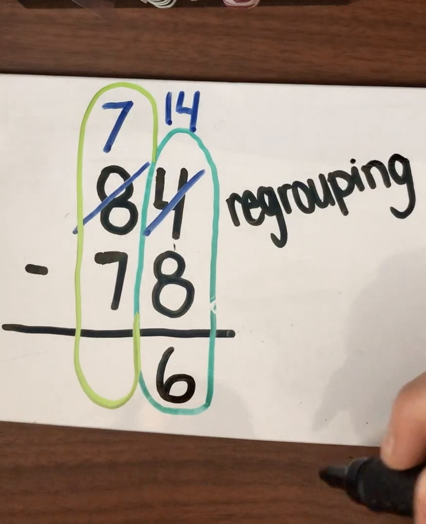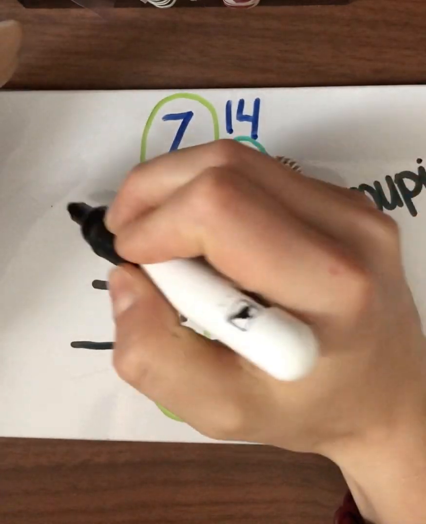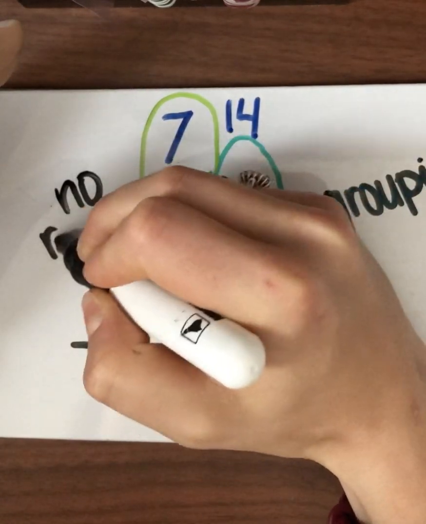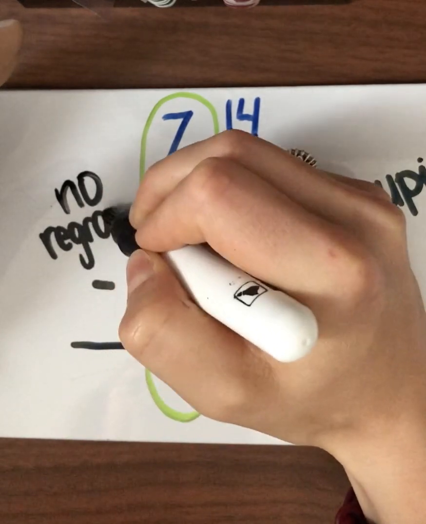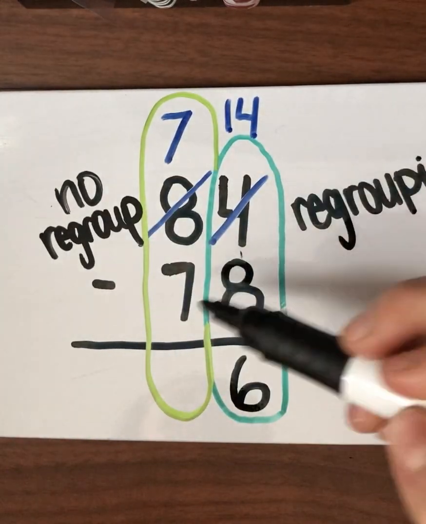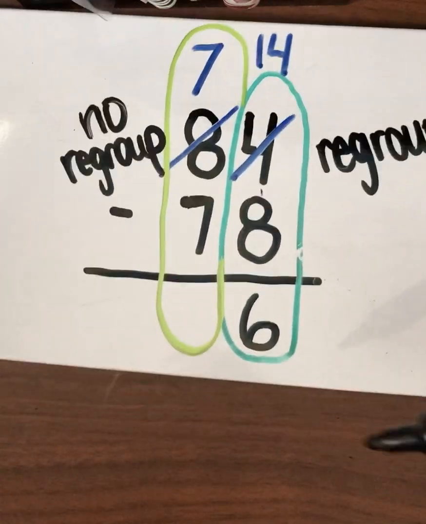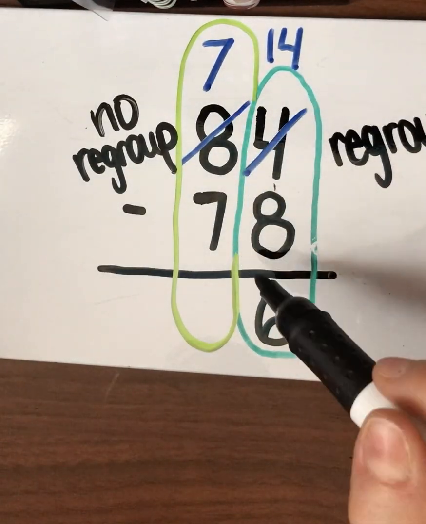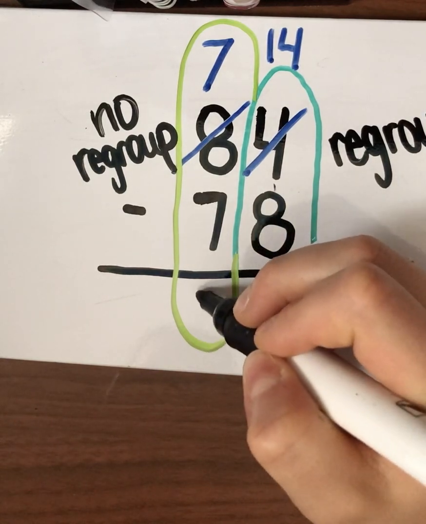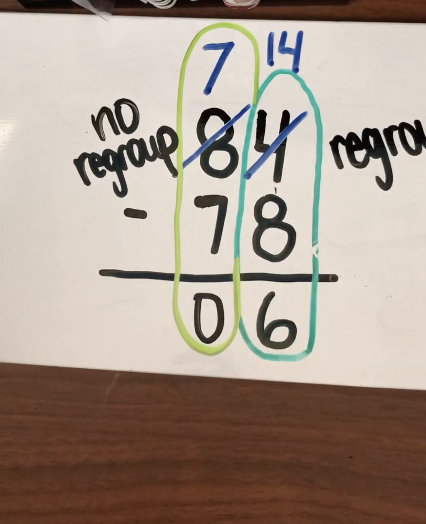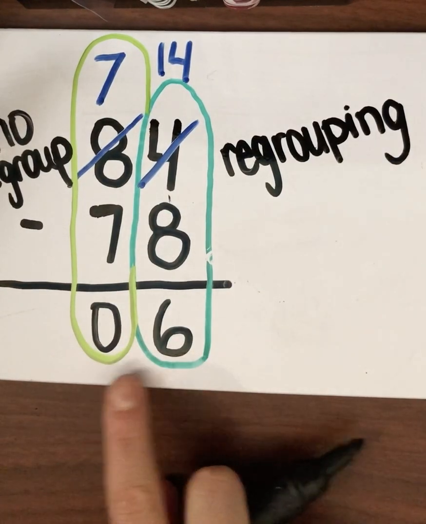So we don't need to regroup here. So this one would be a no regroup. Again, if the top number is bigger or the same as the bottom number, then we don't need to regroup. All right, and you all know 7 take away 7 just gives us 0. So our answer is 6.